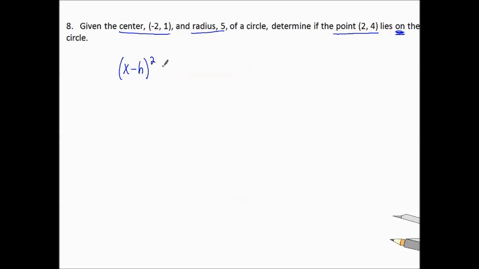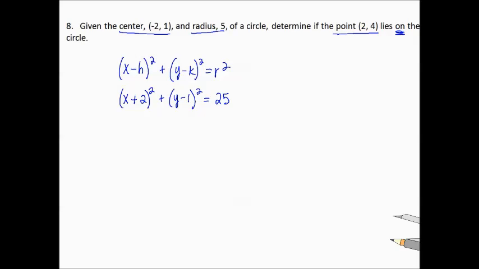So remember our equation, (x - h)² + (y - k)² = r², and we'll plug in the information and get our equation. X is negative 2, so we get (x + 2)² + (y - 1)², and the radius squared makes 25.